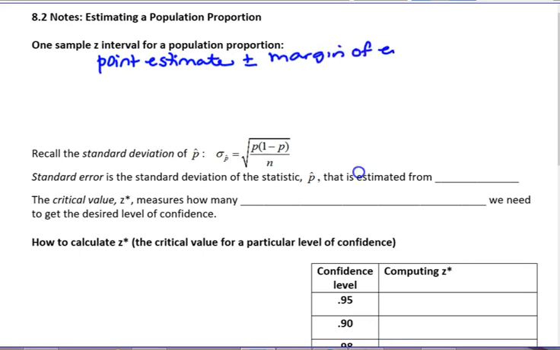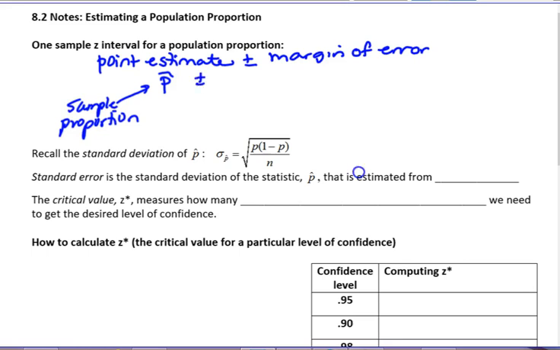The margin of error consists of two parts: the number of standard deviations that I'm going to add to my point estimate and how big those standard deviations are. So my point estimate here is p hat. That's my sample proportion. That's my single best guess for the population proportion, because I don't know what the population proportion is. If I knew, I wouldn't have to estimate it.